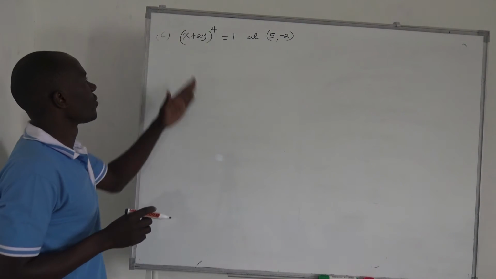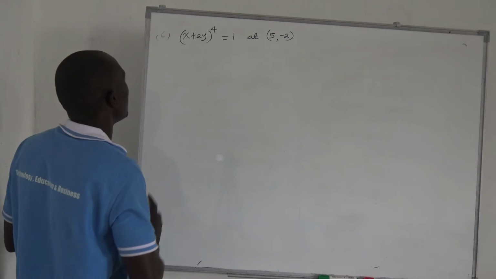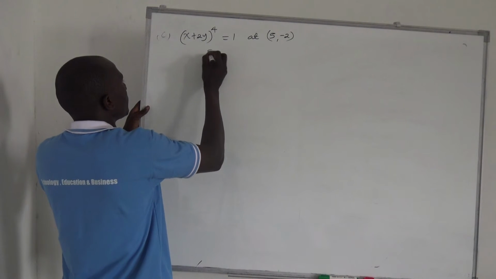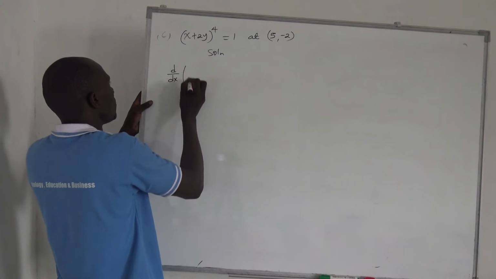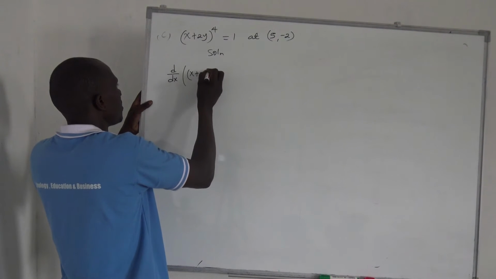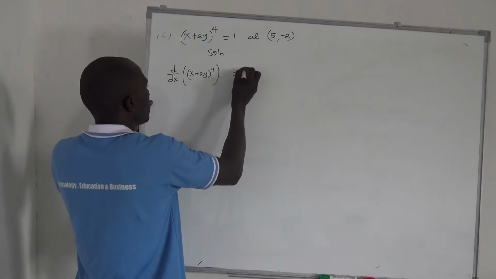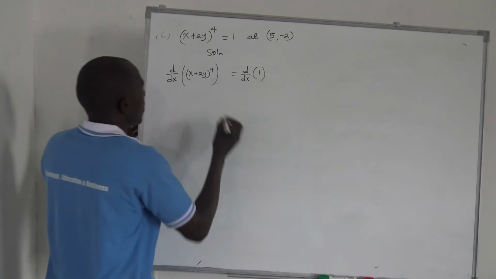That means from here, you are free to first get for me what we call the dy/dx solution. So you're supposed to look at d/dx of the left hand side, which is (x + 2y)^4, equals d/dx of 1. So how do we get this one?